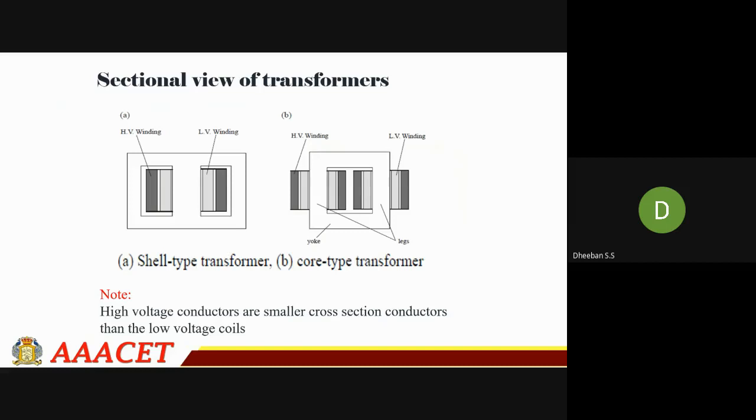This is your cross sectional view of the transformer. After the winding, the cross section is taken. High voltage conductors have a smaller cross sectional area. This you have to know: the windings for your high voltage will be of smaller cross sectional area when compared to your low voltage coils.